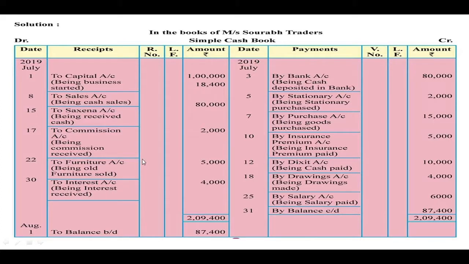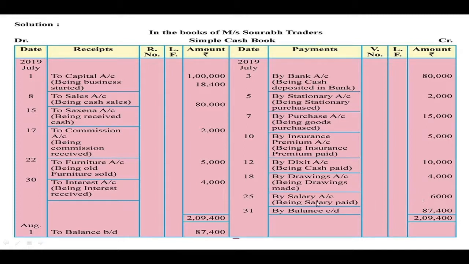So students, after recording all the transactions, you have to take the debit side total. That comes to rupees 2,09,400. From that you have to subtract all the amounts recorded on the credit side, that is 80,000, 2,000, 15,000, 5,000, 10,000, 4,000 and 6,000.